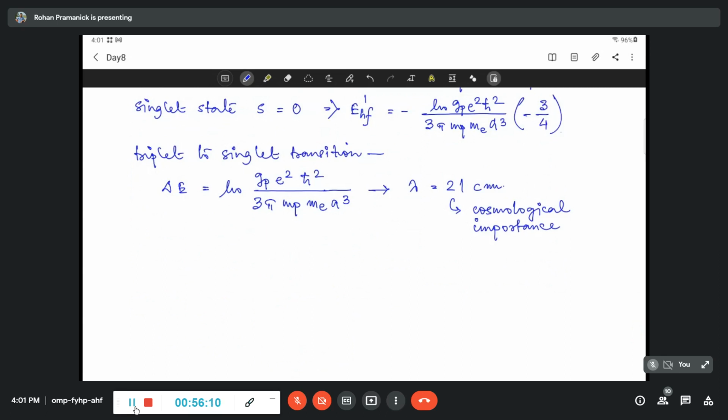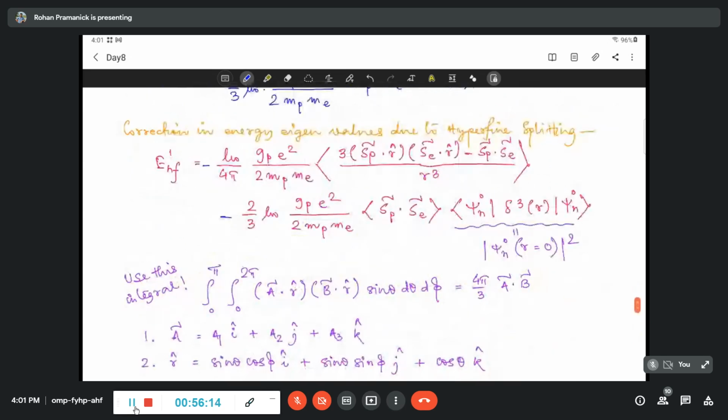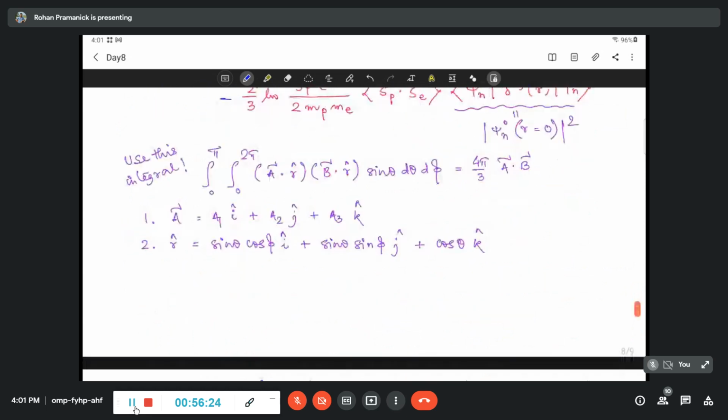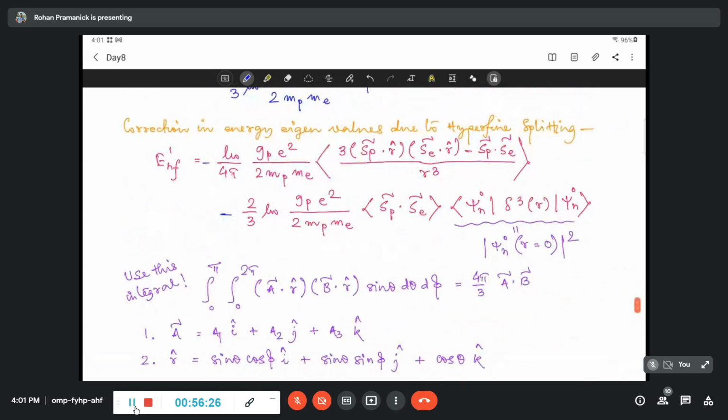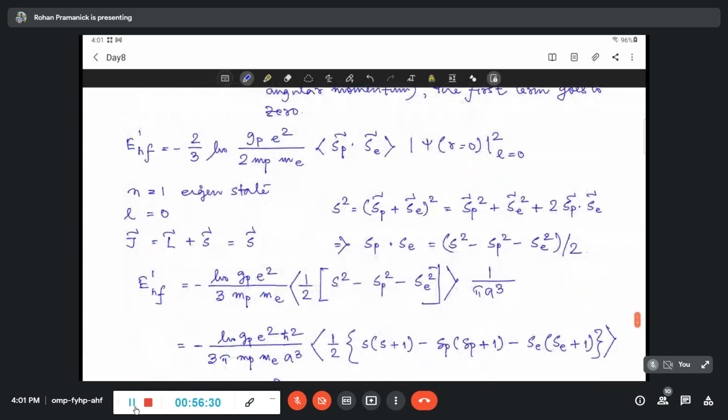So the main expression for the correction to the hyperfine splitting is written over here. If you are dealing with L equals 0 states, that is there is only spin angular momentum and no orbital angular momentum, in your expression for energy correction the first term goes away and you are left with only this second term.